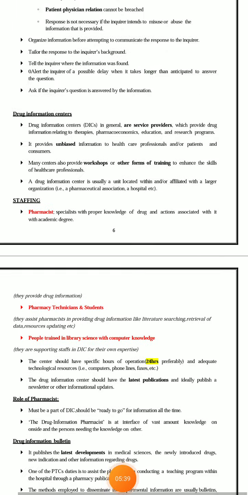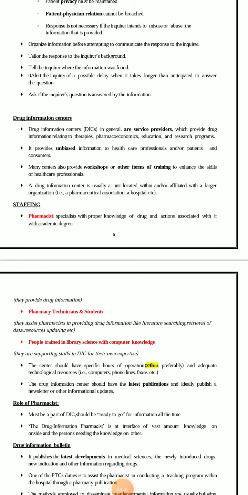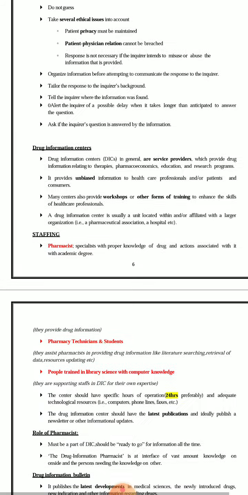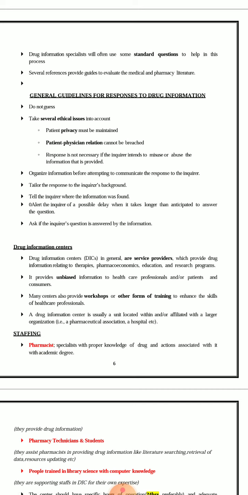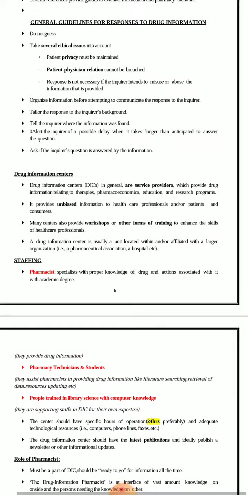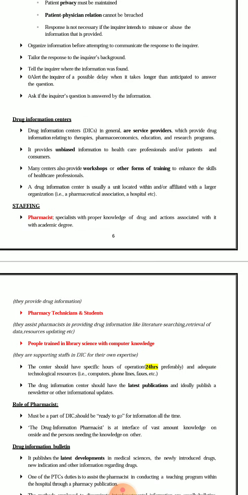Next is the Drug Information Center. The Drug Information Center, in general, is a service provider which provides information about drugs relating to therapies, pharmacoeconomics, education and research programs. It provides unbiased information to healthcare professionals and patients and consumers.